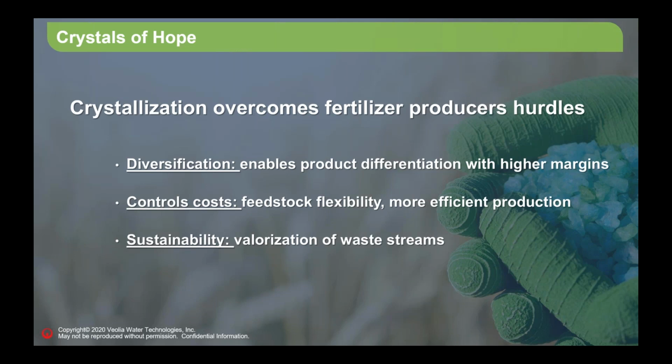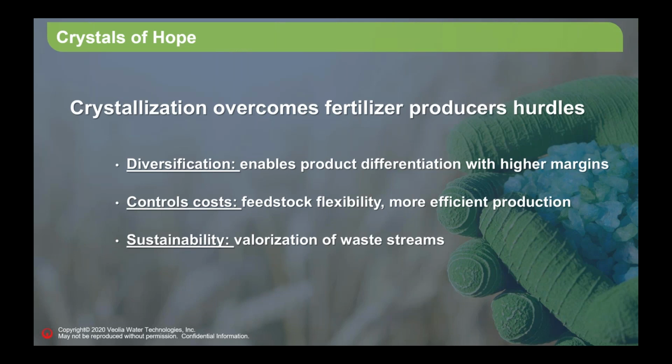Also, crystalline water-soluble fertilizers can help the fertilizer producers overcome their challenges in three different ways. The first way is diversification. If you remember, I said at the beginning that the prices of fertilizers are going down, so the producers need a big portfolio of products to differentiate, with higher margins.